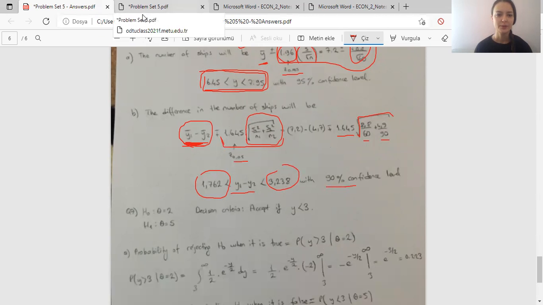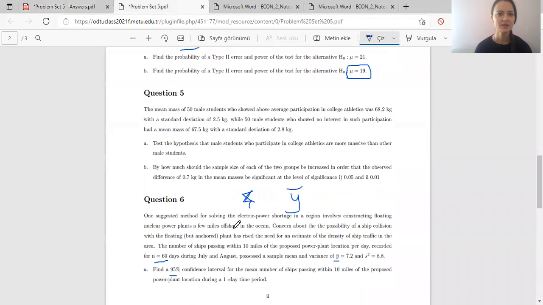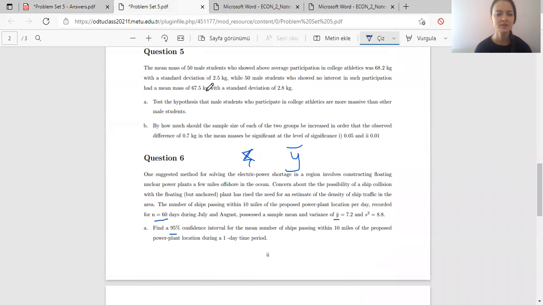So that's all. And let me turn back to question 5. We haven't done it. Now we have 50 male students who participate in college athletics more than the other group. The mean weight of these students is 68.2, and the standard deviation is given here.